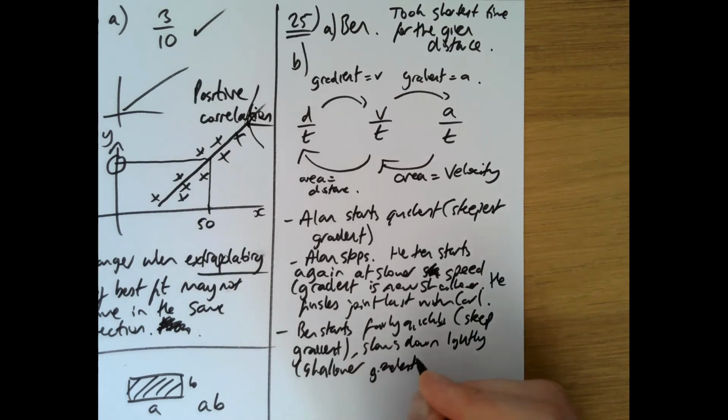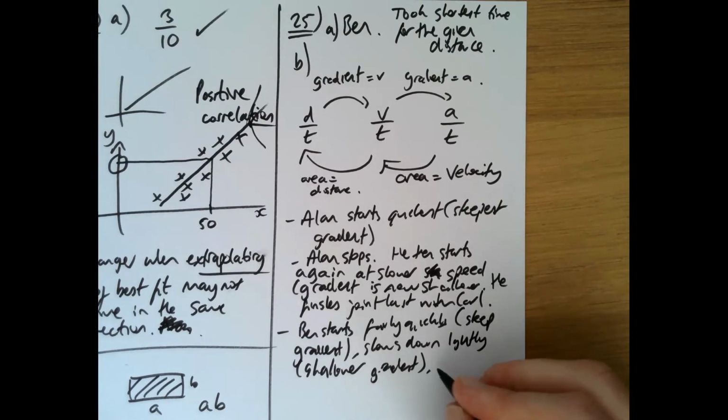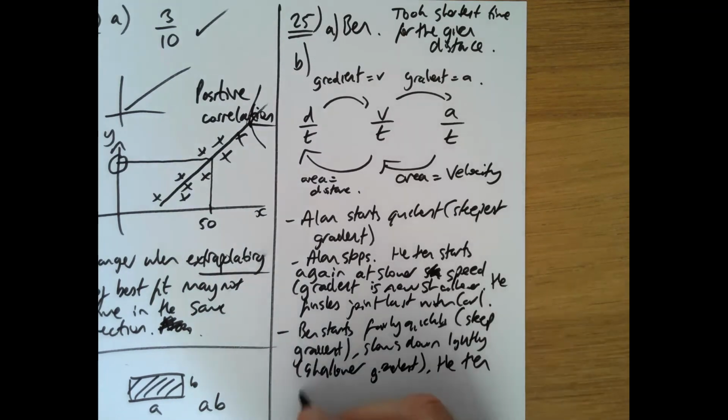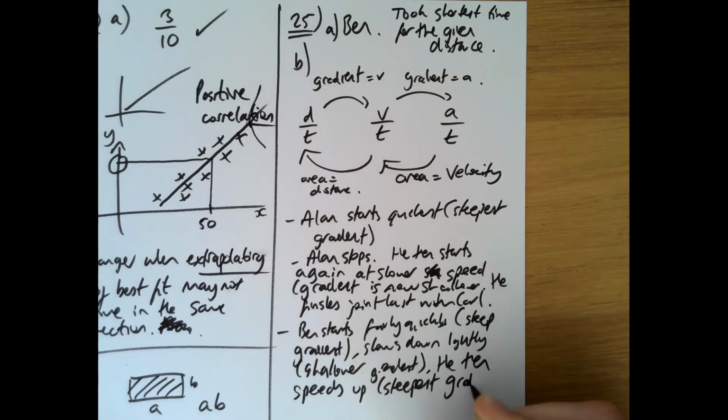Don't worry, you don't have to write all of these down. It's just I'm writing pretty much everything you could. He then speeds up, because it's the steepest, isn't it? Steepest gradient to win the race. This race is riveting, honestly. It's like the Olympic final. So Ben then wins the race.